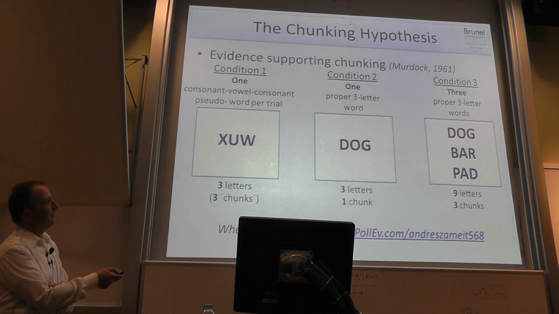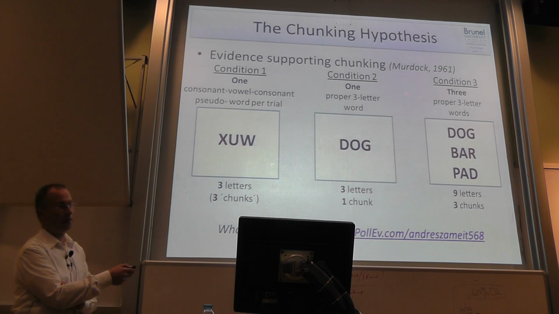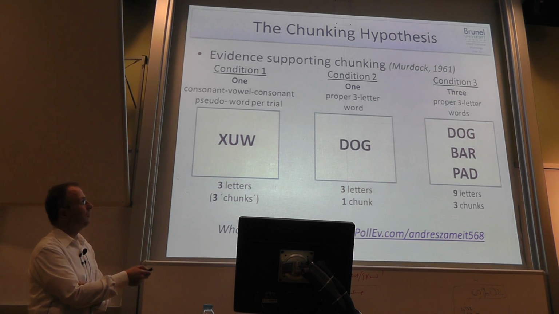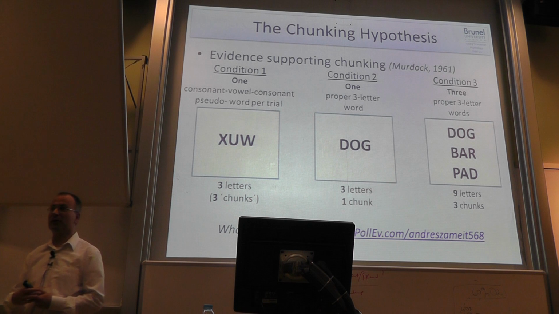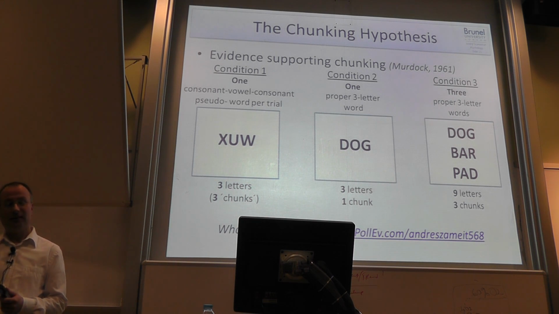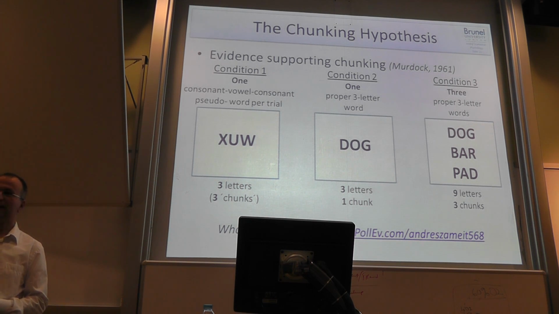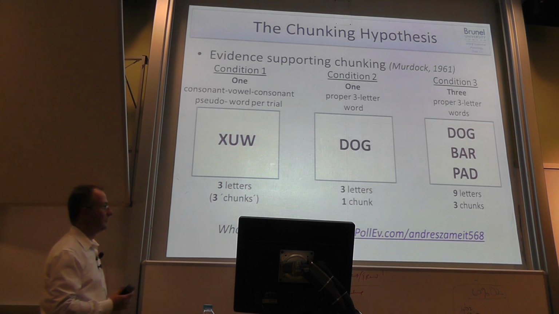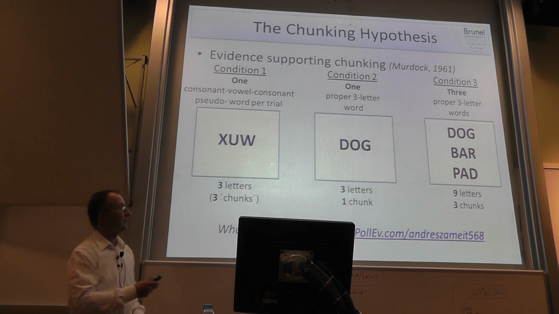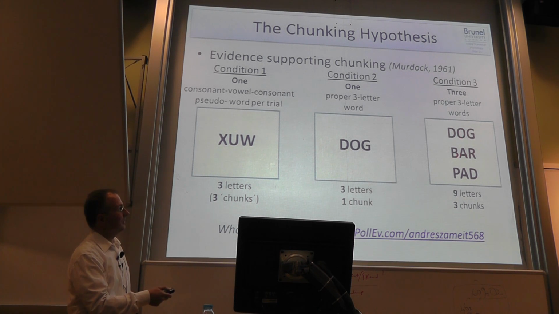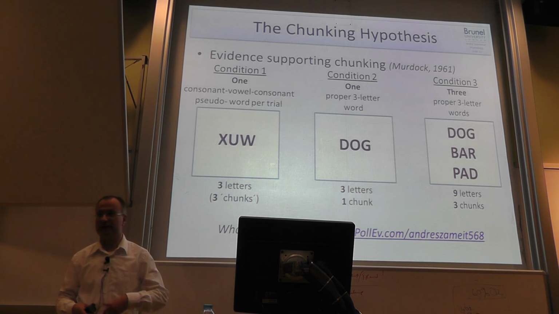So if these two are the same, why would that support the chunking hypothesis? Here we have 3 chunks as compared to 1 chunk, and we have 9 letters as compared to 3 letters.